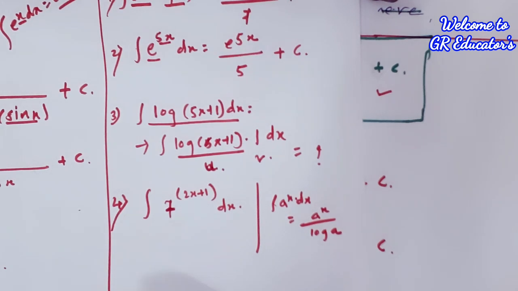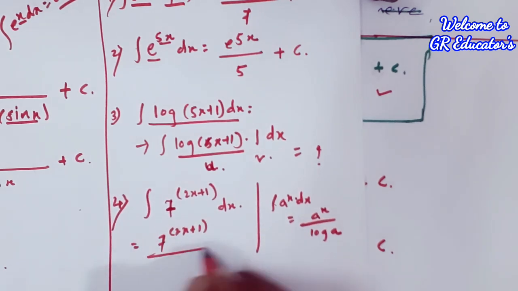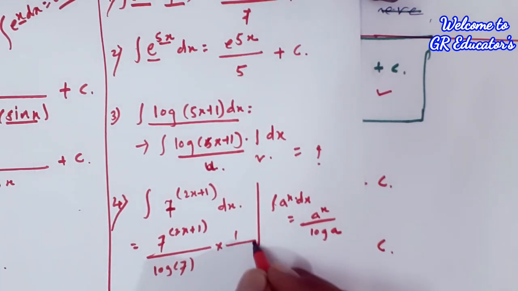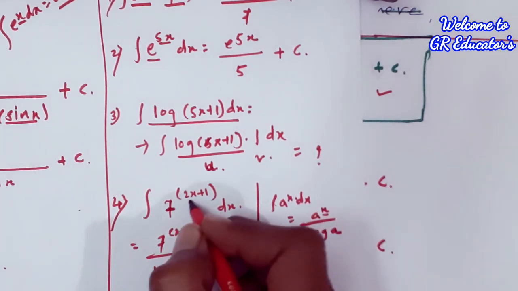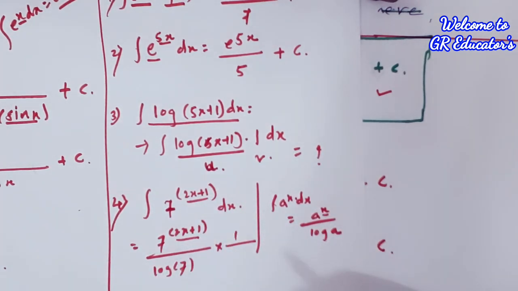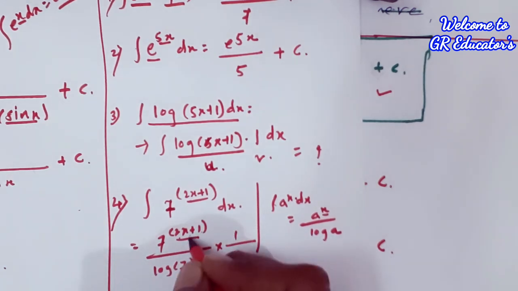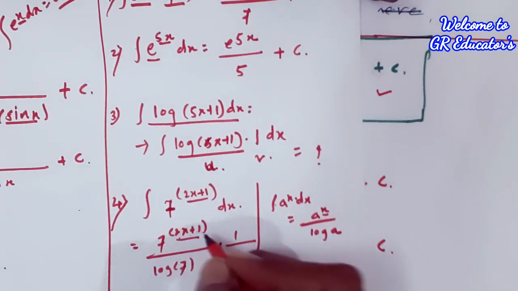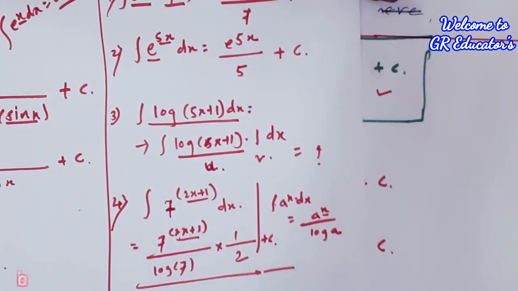So a raised to power means 7 raised to power 2x plus 1, divided by log of 7, into 1 divided by the derivative of the power function. Whatever is in place of x is our f of x, and its derivative: 2x plus 1 becomes 2 plus 0, so simply 2, then plus c. So this is the way to find the integration of such functions.